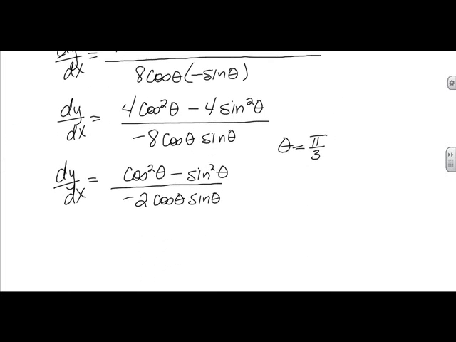So our derivative then is the cosine of pi over 3, which is 1/2, squared, minus the sine of pi over 3, which is square root of 3 over 2, squared. And in the denominator we have negative 2 times cosine times sine.